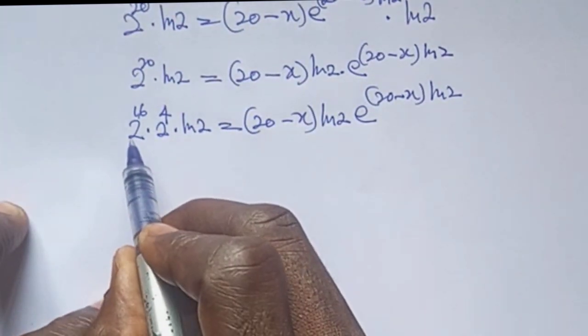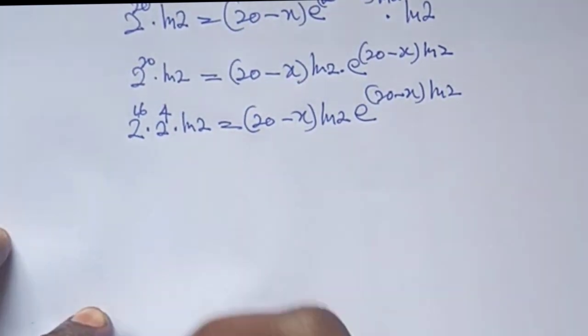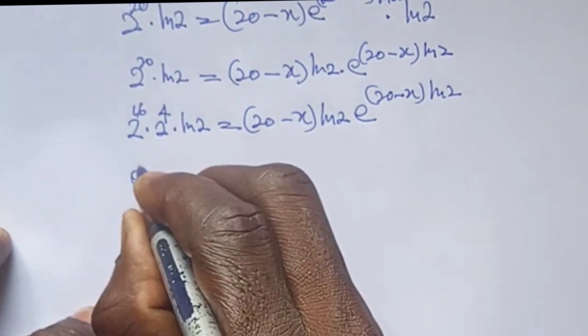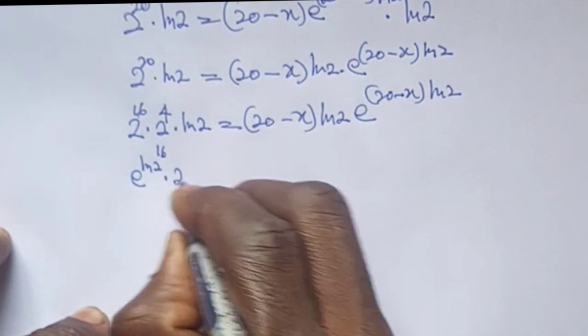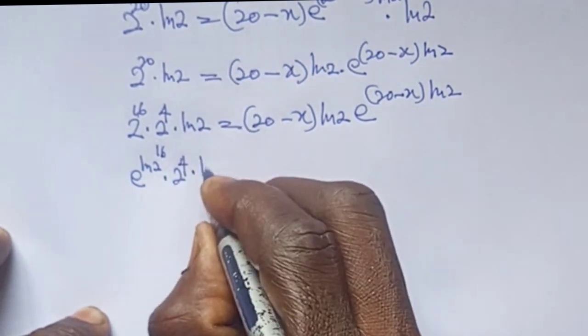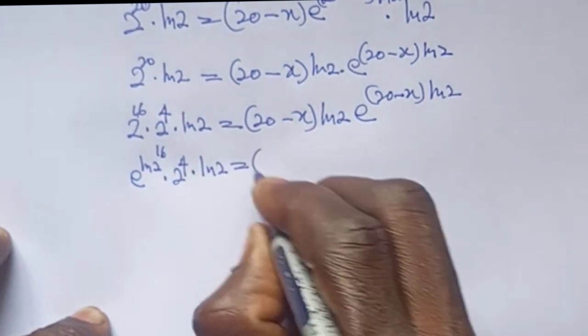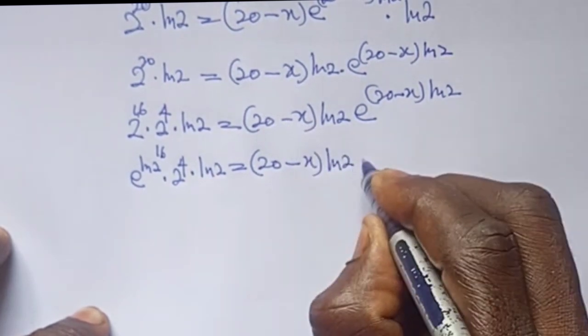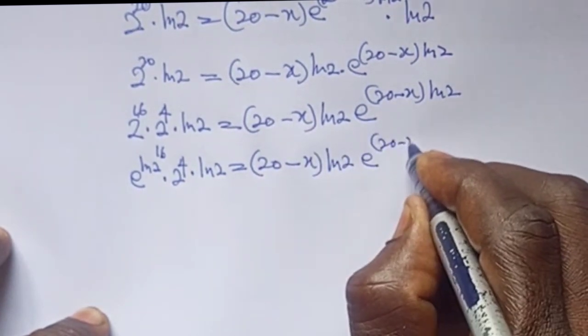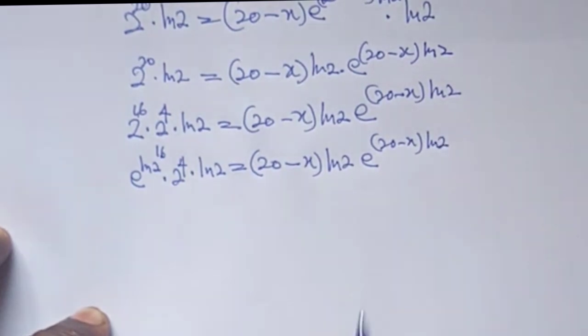Again, we can write 2 as exponential ln 2, so that exponential ln 2 to the power of 16 times 2 to the power of 4 times ln 2 is equal to 20 minus x ln 2 exponential 20 minus x ln 2.